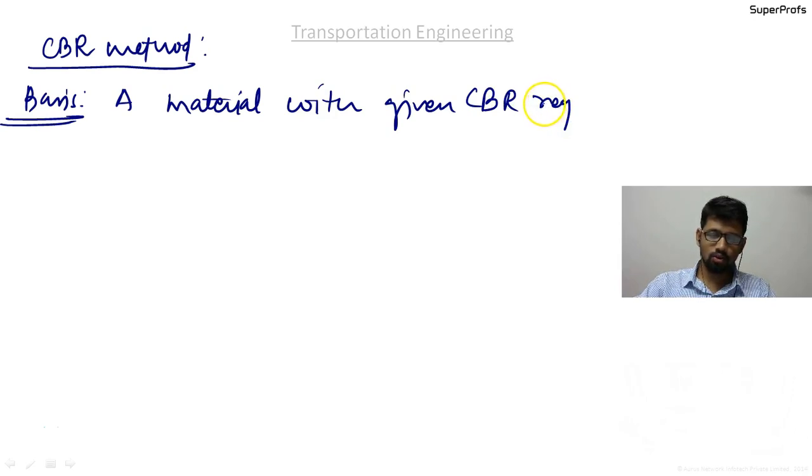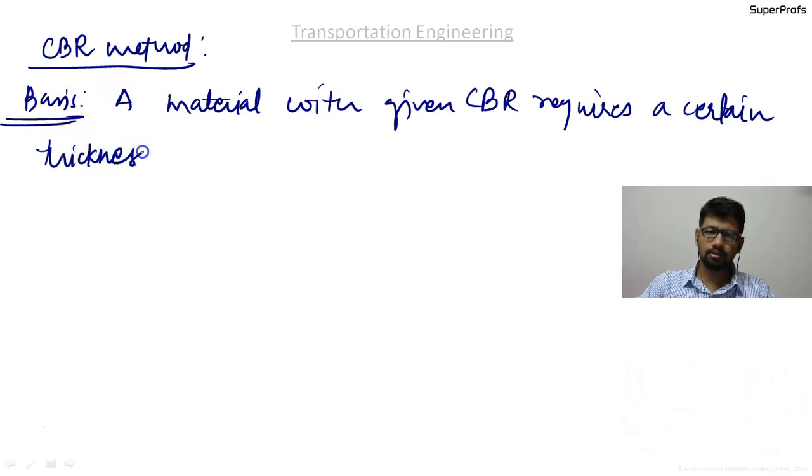a certain thickness of pavement layer as a cover. So a material with a given CBR requires a certain thickness of pavement layer as a cover.